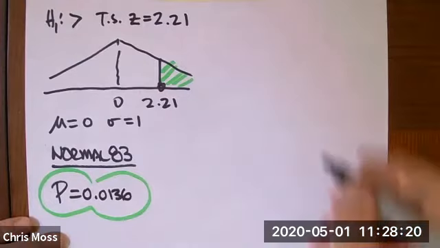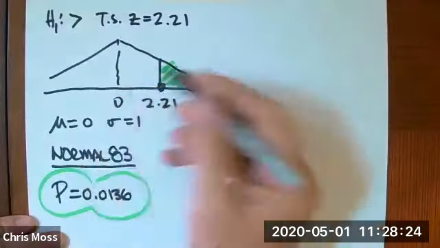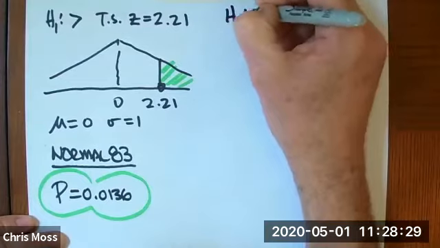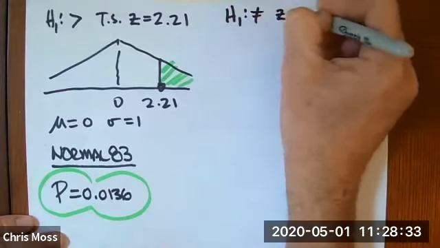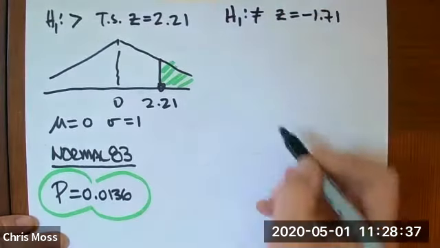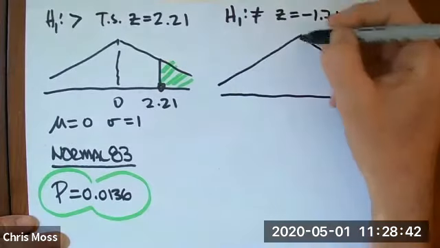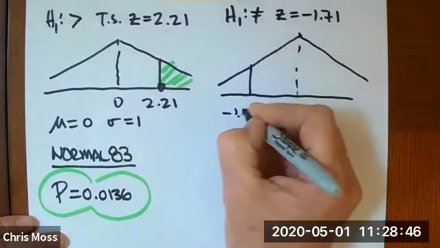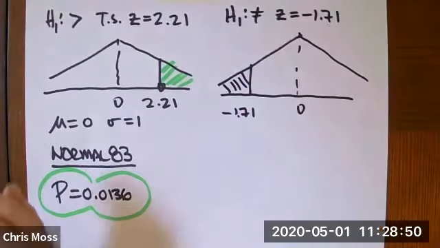For my second example, a two-tailed test. By the way, the left-tail test is very, very similar. It's just over there on the left instead of on the right. So we've got a two-tailed test. I have a test statistic of negative 1.71. So with negative 1.71, we're talking about that little bit of area there.